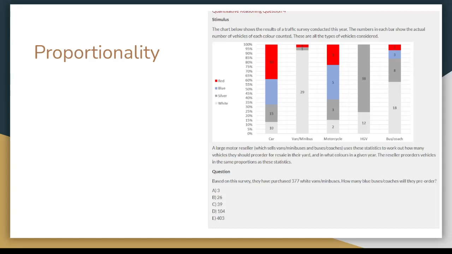But yeah, the examiners put in these filler answers, so if you've made a small mistake, they'll trick you into thinking that you've got the right answer. So do watch out for those. And for this question, the answer is C, 39.